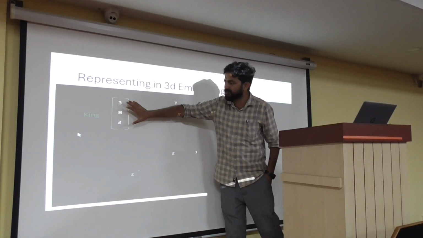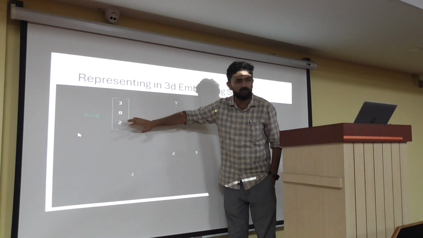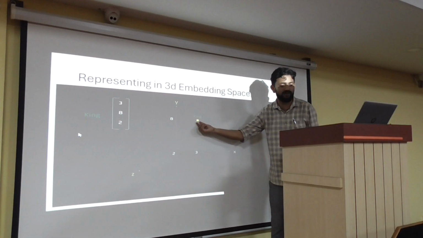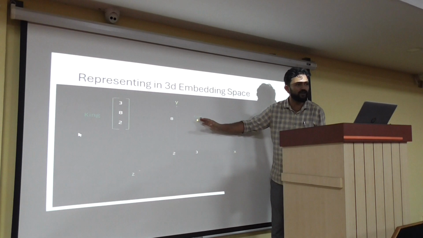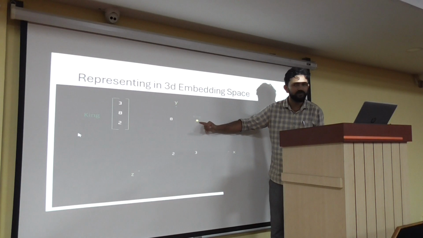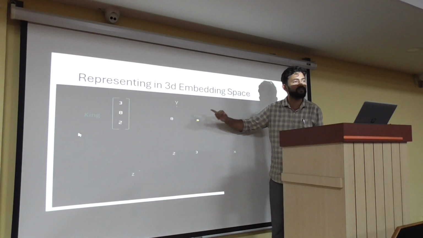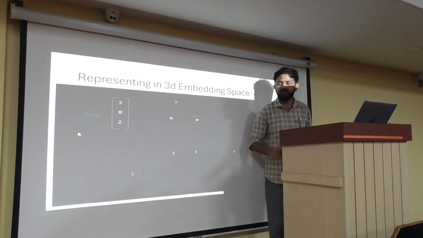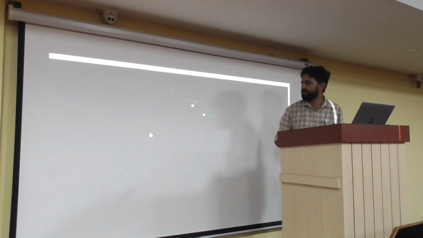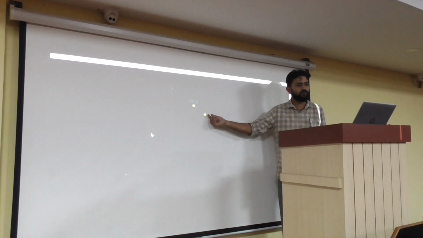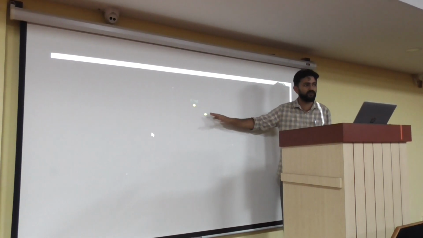So I can use these x, y, z coordinates and plot a graph. That is king, lying somewhere around this Cartesian plane, at the point 3, 8, and 2. Similarly, if I have a queen, the queen is sitting somewhere around here.